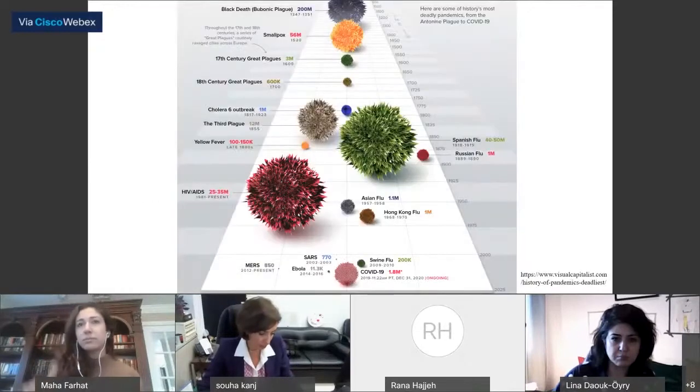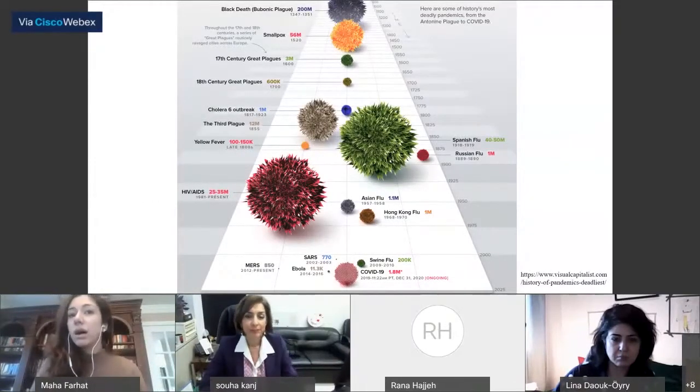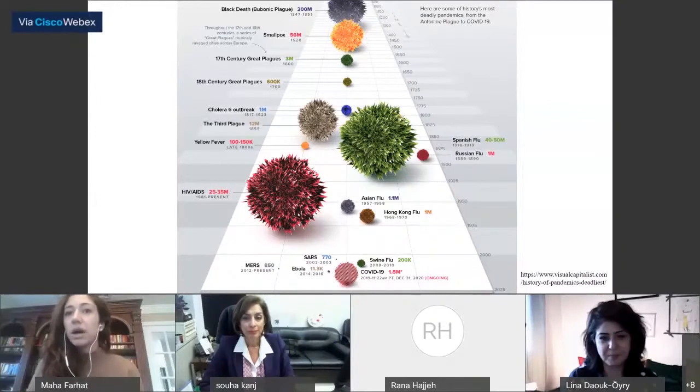Just as a reminder, pandemics are not new. This pandemic that we're experiencing now is not the first and not going to be the last. This is an older slide that displays the death toll of pandemics since the 1300s.